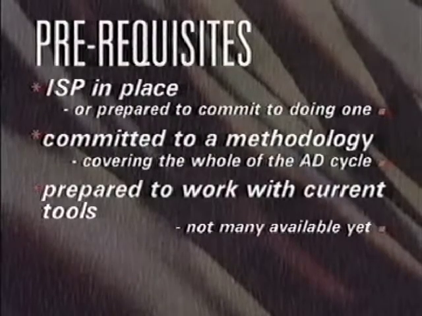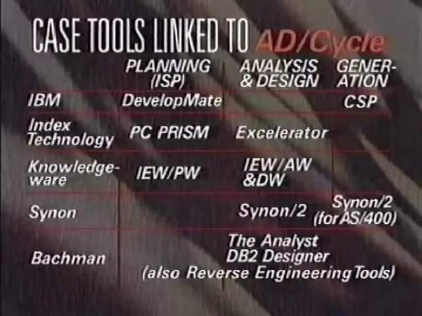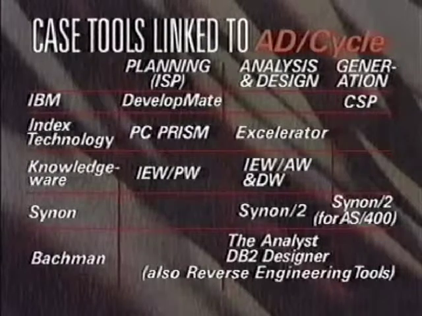Thirdly, the organisation has to be happy about working with one of the limited number of tools that are actually available in conjunction with AD Cycle in your timescale. AD Cycle is still very new, and at the moment only links to a very small selection of CASE tools. You can see some of the examples on the list. Besides these, there are several other products in the pipeline.